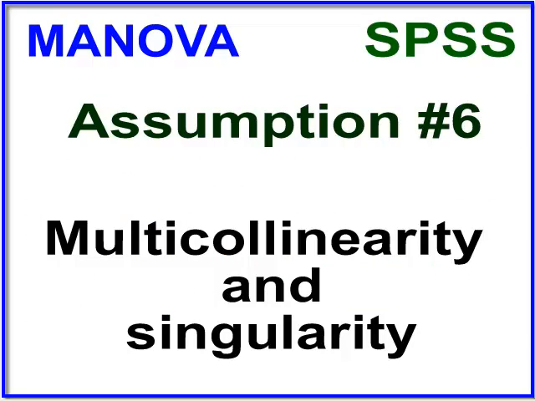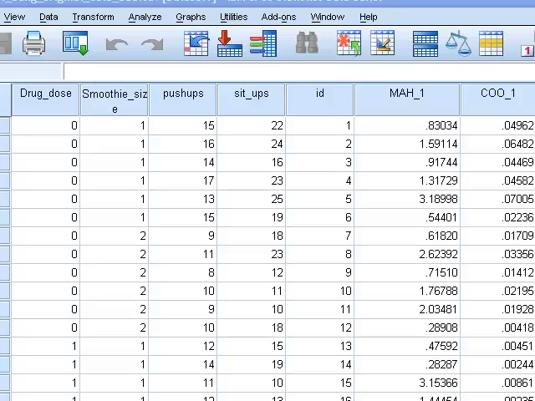Assumption number 6, multicollinearity and singularity. Remember that our DVs have to be correlated, but the correlation has to be somewhere between 0.3 and 0.8. It cannot be greater than 0.8. That has to do with the multicollinearity issue as well.